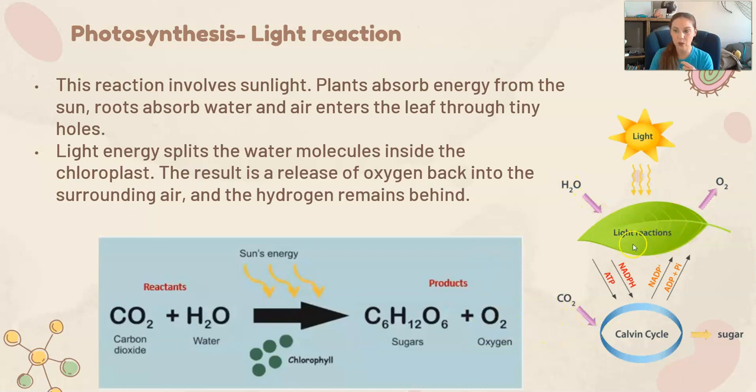But inside the chloroplast here is where the water molecule goes in, right? It's going to be split once it's there. So the O2 is going to be released back out into the surrounding atmosphere, but the hydrogen is going to stay inside the cell, inside the chloroplast, and then convert into glucose. This way the plant can use the energy.